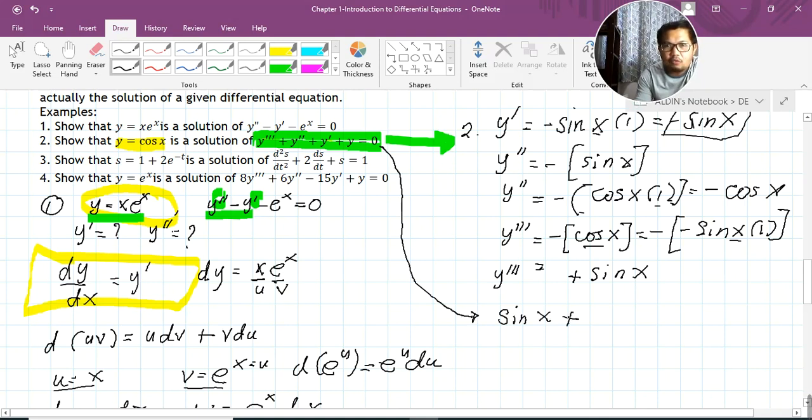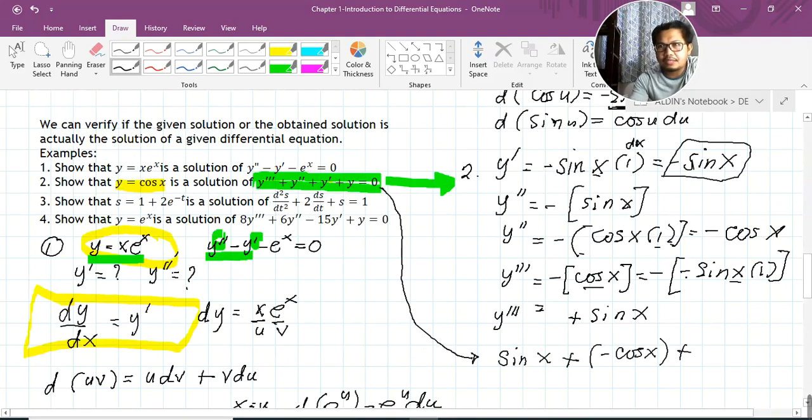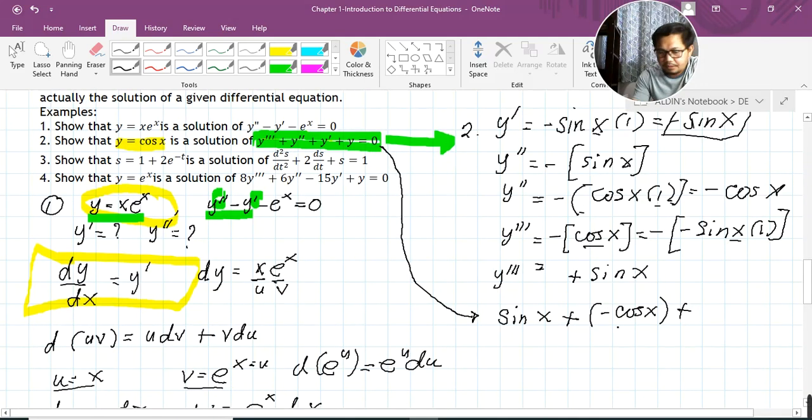Plus, what is the second derivative? What is the second derivative? Second derivative is negative cosine of x. Plus, first derivative. What is the first derivative? First derivative is negative sine of x.